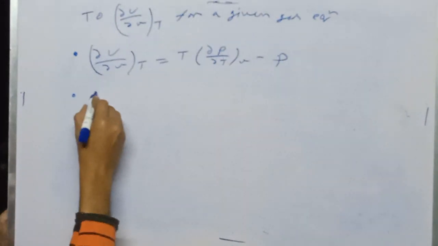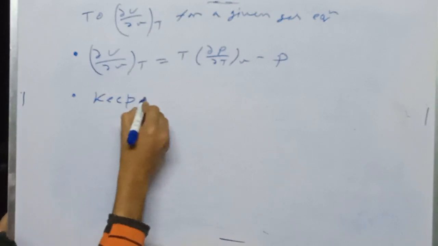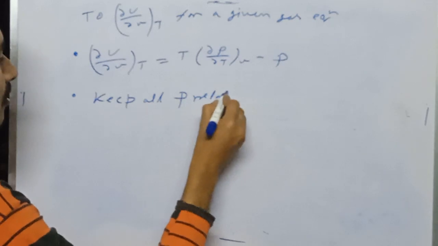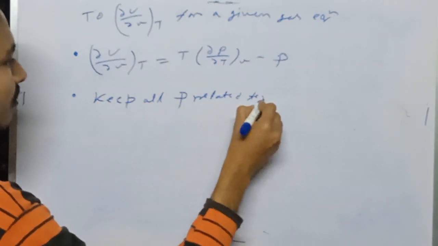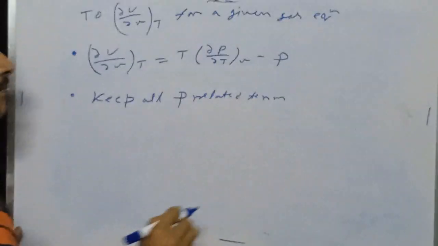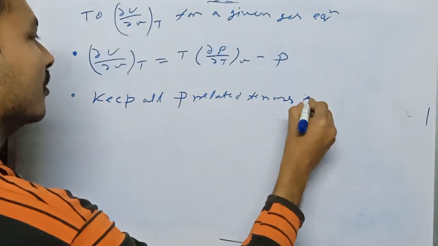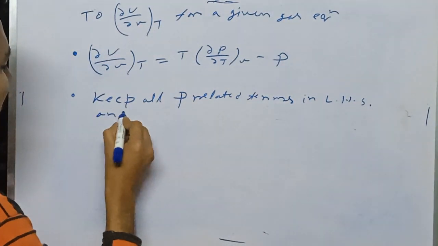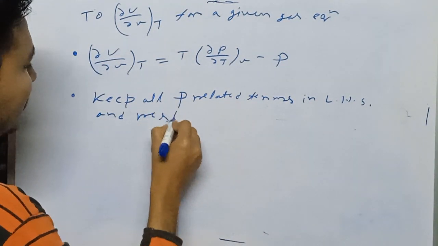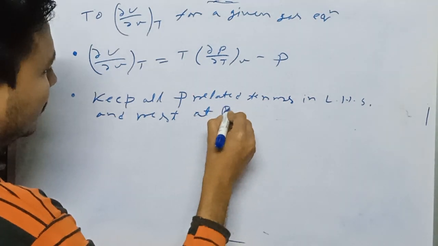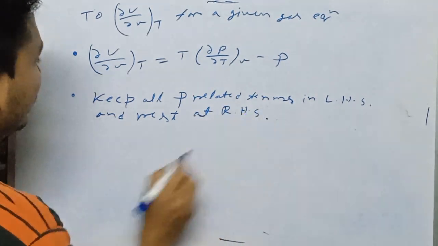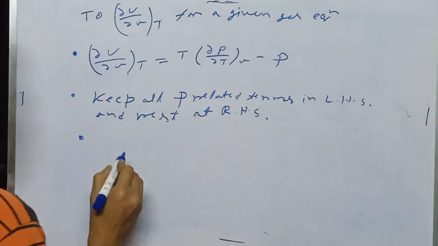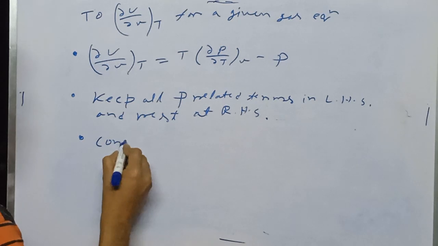Then put all the pressure related terms in the left hand side and the rest at the right hand side. Then consider volume as constant.